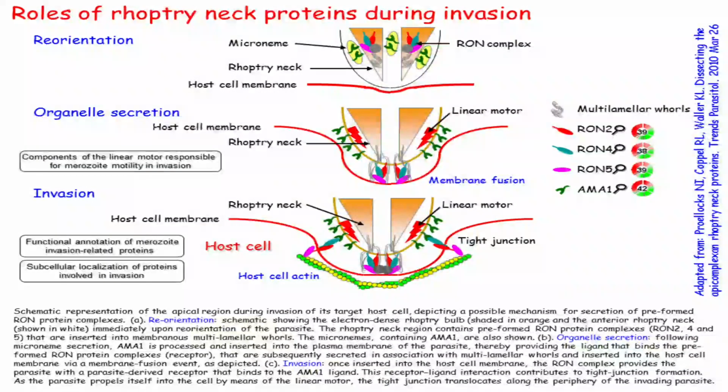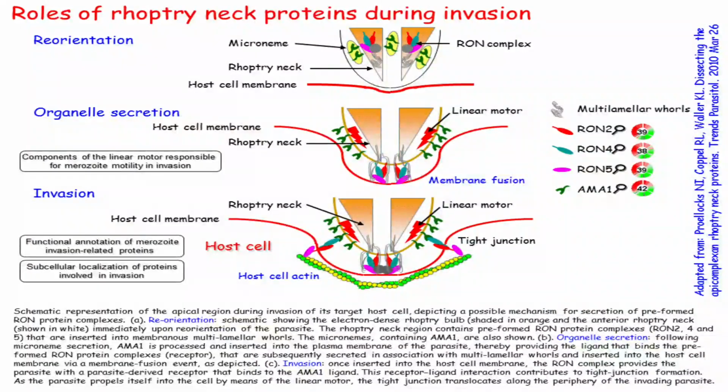So during the reorientation, we see here at the apical end of the parasite that there are micronemes, which inside contain apical membrane antigen.